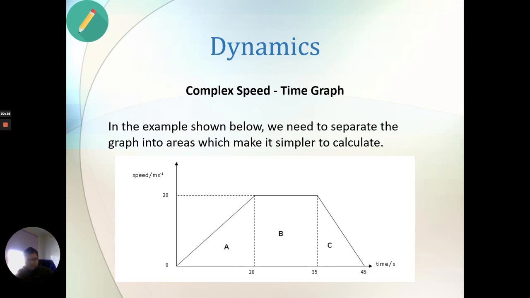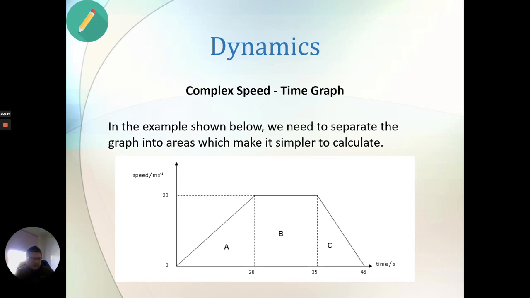We do length times base for B because, again, that's how we find the area of a rectangle. And for C, we do a half base times height, because again that's how we find the area of a triangle. One thing you need to be very careful of is the numbers on the axis for time. We're looking at the change in those numbers.